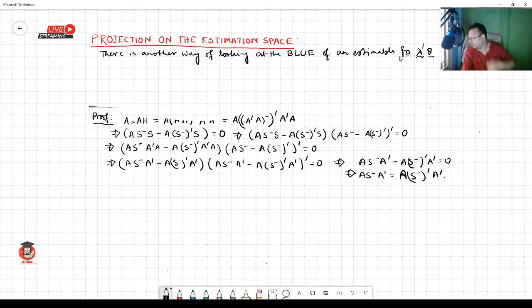That means lambda curl belonging to the row space of A prime. Okay.